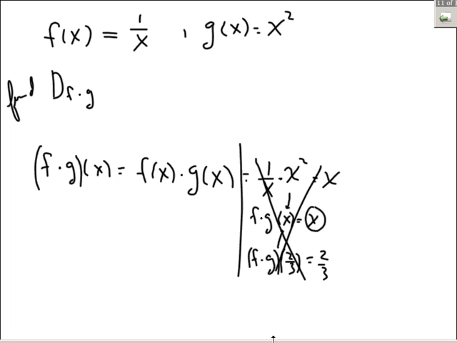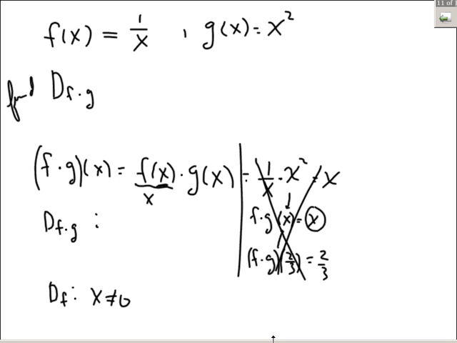Because the problem is, what's the domain of f times g? The problem comes right here. What can you not, if anything, take f of? That is, what is the domain of f? Well, the denominator cannot be 0. That is, x can't be 0.